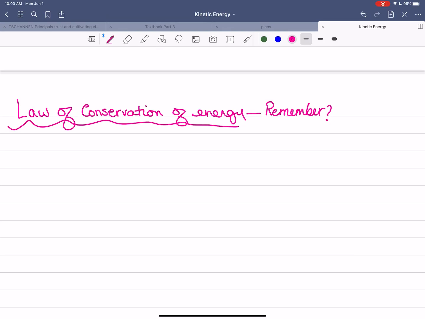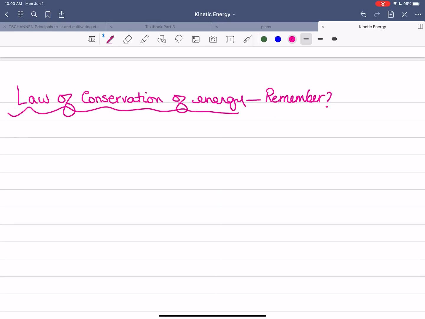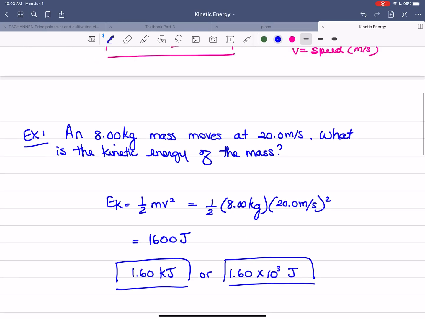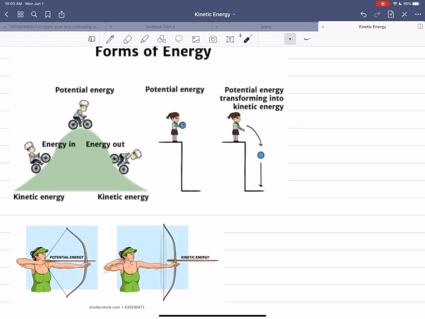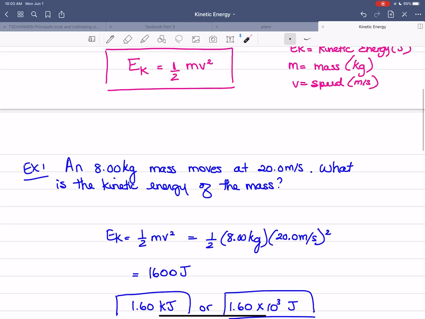We saw that earlier when we did potential energy. In these examples, the biker going up the hill has kinetic energy, which becomes potential energy when the biker is at the top of the hill not moving, and then becomes kinetic energy again when the biker is down. Or again, the potential energy of the little girl holding the ball above ground, and then that ball falling down and picking up kinetic energy, transforming into kinetic energy.